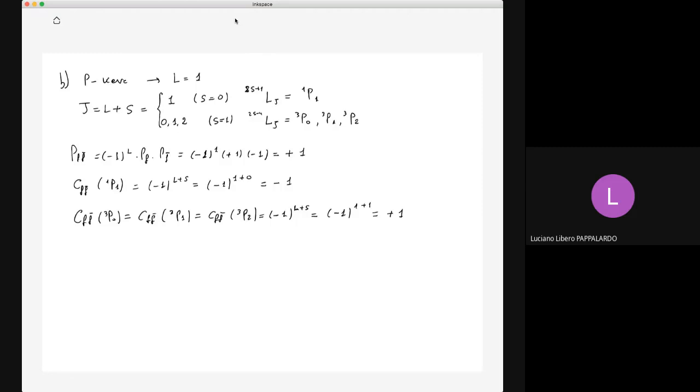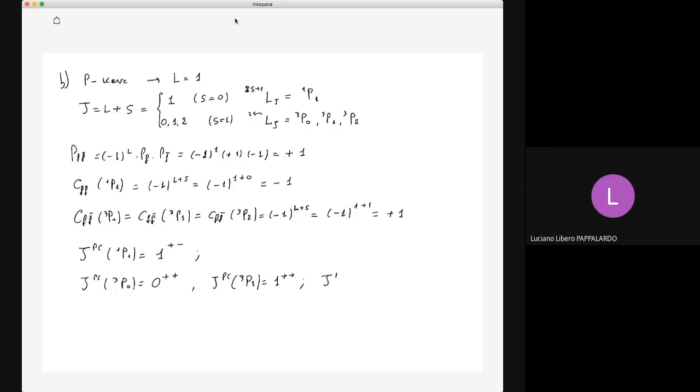And so we can now draw our results. The JPC for the 1P1 state will be 1 plus minus. The JPC for the 3P0 state will be 0 plus plus. The JPC for the 3P1 state will be 1 plus plus.